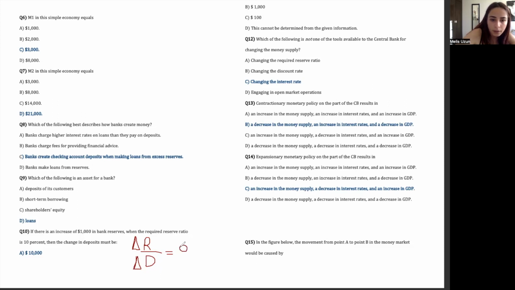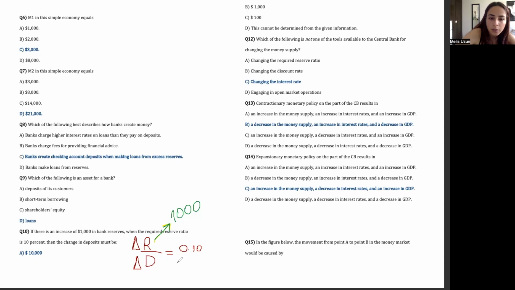Let me write this. We can easily find the change in deposits. We know the change in reserves is equal to 1,000.